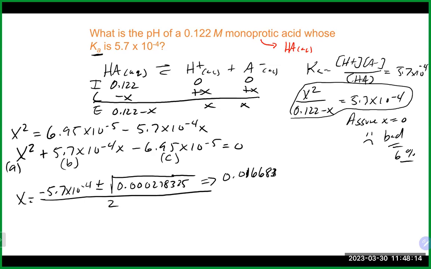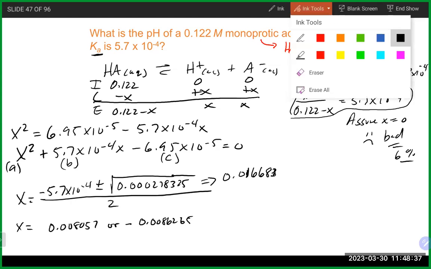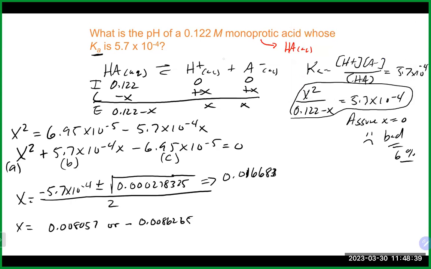Doing the positive root there gets us an x value of 0.008057. Going the subtract root gives us an x value of negative 0.008625. Looking obviously here at our ice table, we could clearly see H plus is equal to X, so it cannot be the negative value.